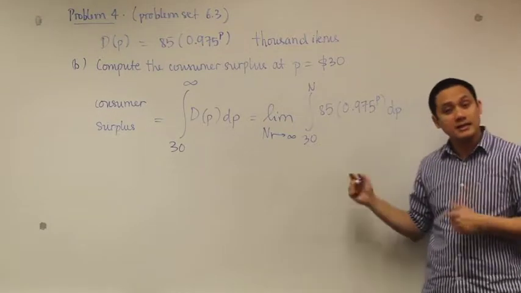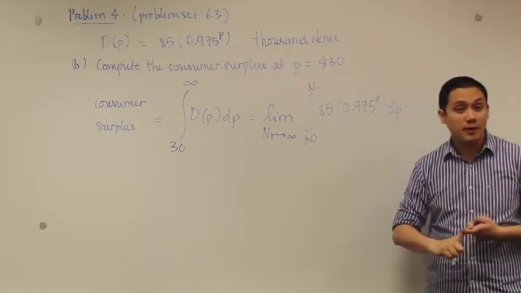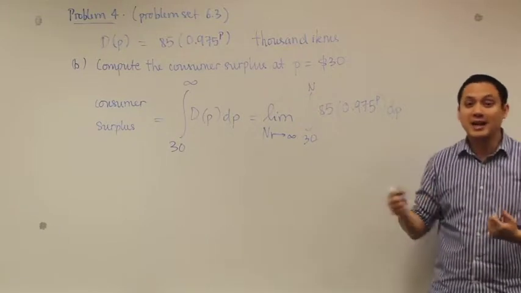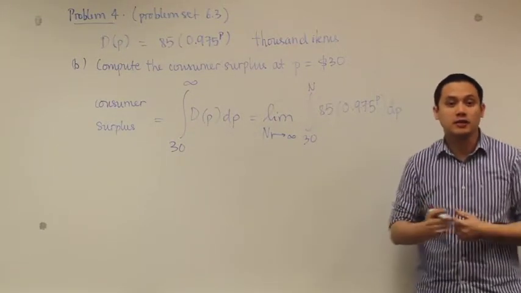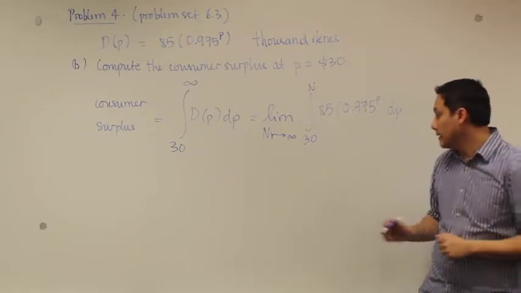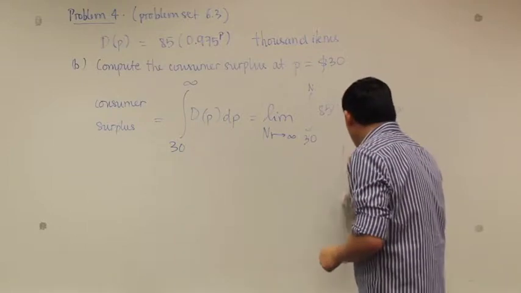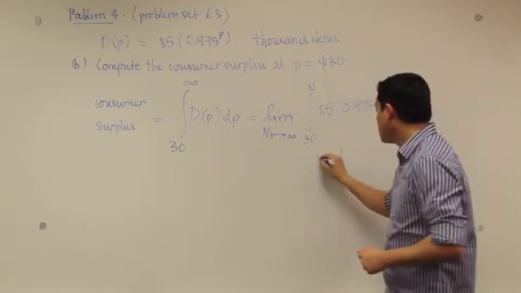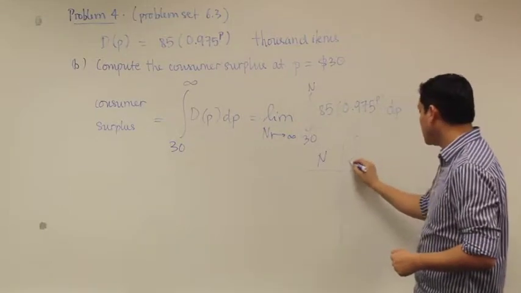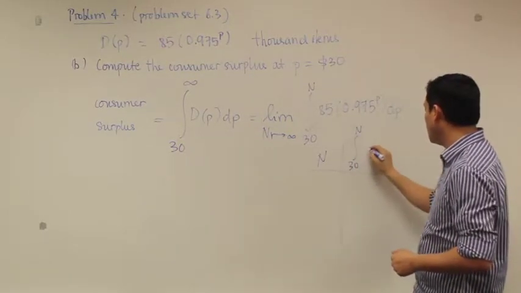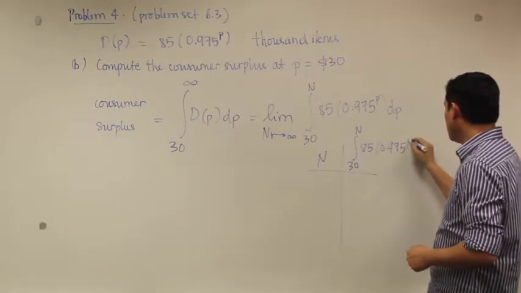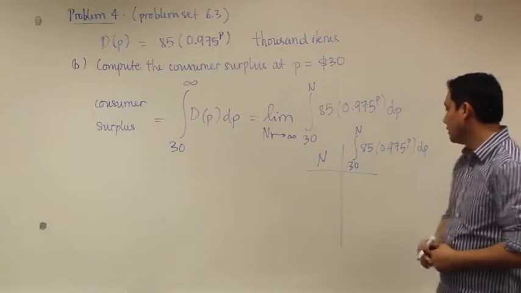Right, one more time. At this point, you can either use the algebraic manipulation or numerical estimation, because the problem didn't specify any particular method, so I'm just going to use the numerical estimation. So you're going to create a table with the first column n, and the second column is the definite integral from 30 to n of 85 times 0.975 to the p dp.